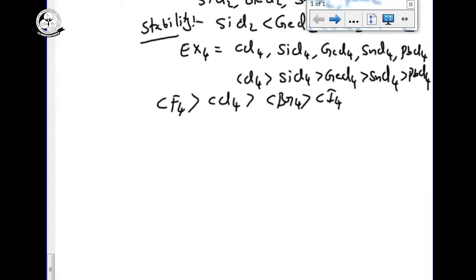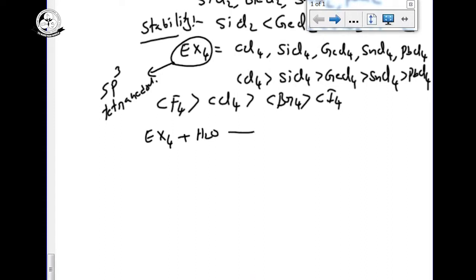In all EX4 type of compounds, the hybridization is sp3 only and the shape is tetrahedral only. Here one important point we have to discuss: what happens to these EX4 type of halides on hydrolysis?